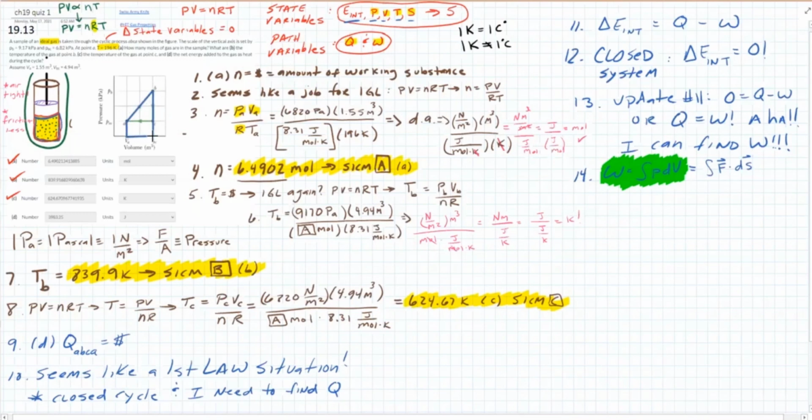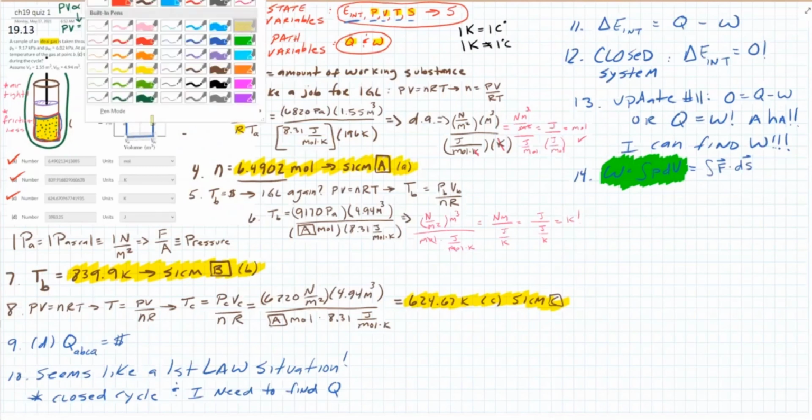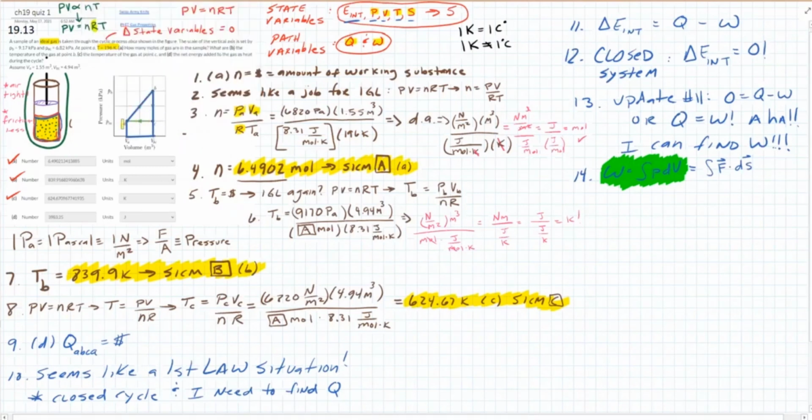So if I go from state A, which is right here, if my system is proceeding from thermodynamic energy state A to thermodynamic energy state B, going in this direction like that, I know some positive work is done.